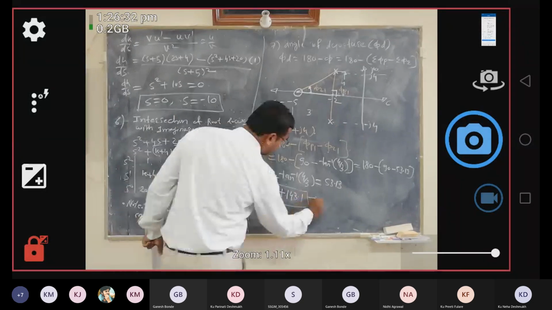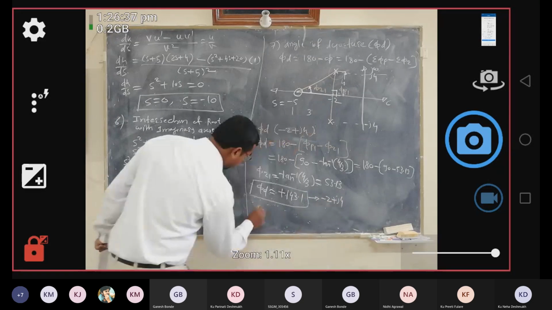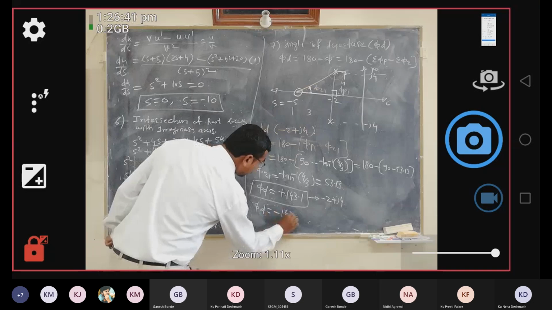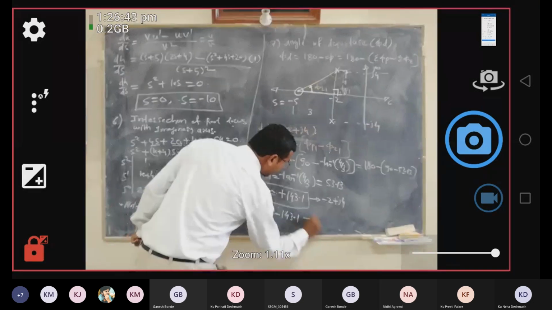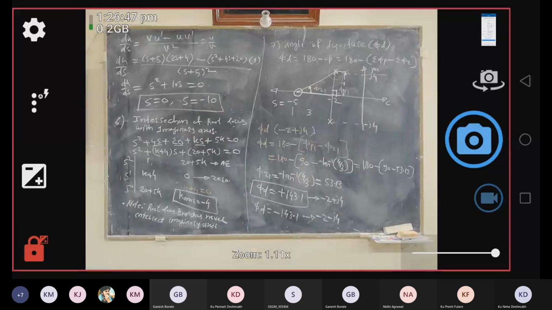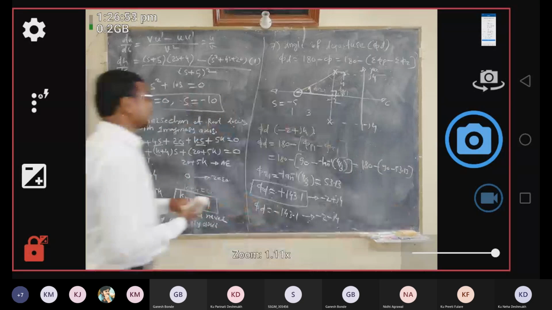So this is for minus 2 plus j4, and phi d is equal to minus 143.1 for minus 2 minus j4. So here we finish with all the steps. Now we can sketch the root locus.